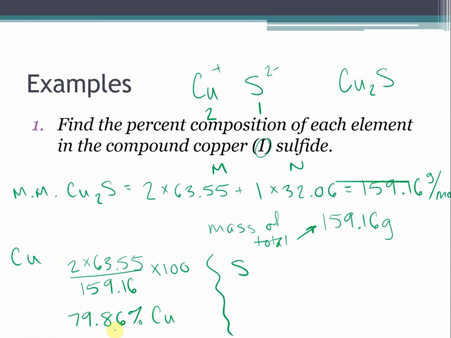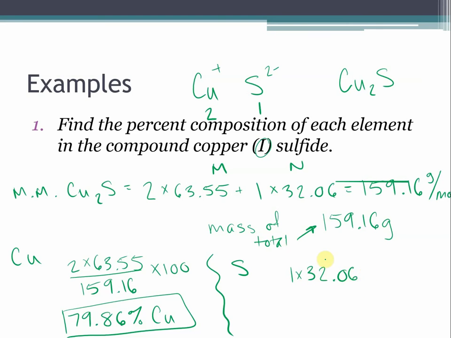So 79.86% copper means we have the proper units. So we know by looking at this already that the percentage of sulfur should be just over 20%, because that's what we'll add to 79 to create 100%. So we'll do the same for sulfur. We'll do our single sulfur times the mass of sulfur.